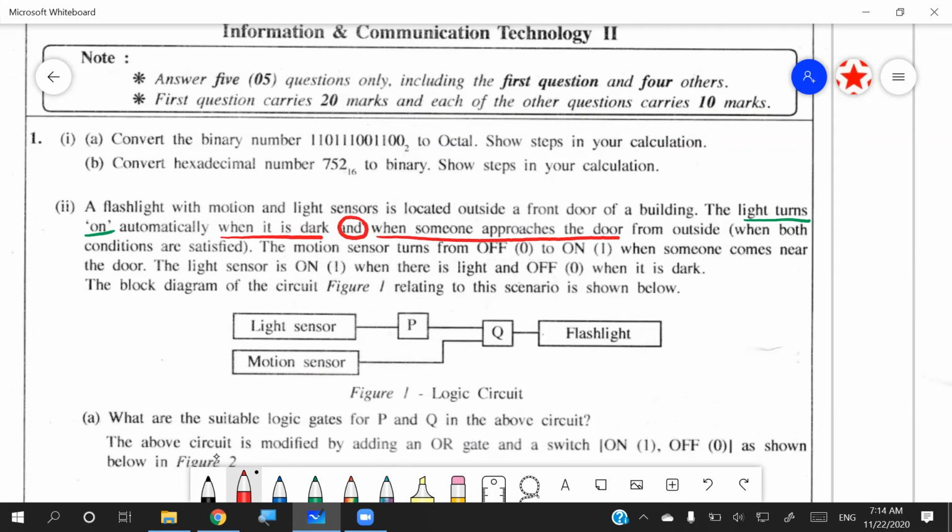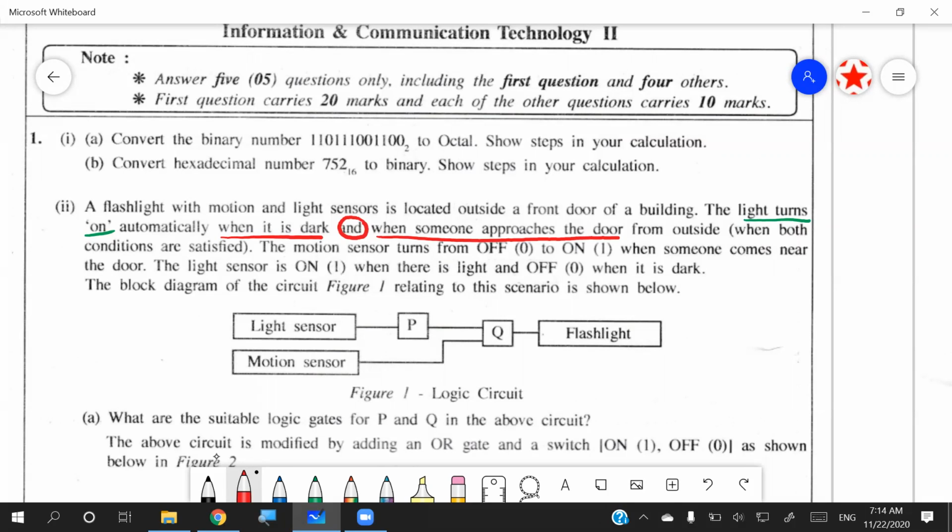It's described right over here. Yeah, this is regarding the motion sensor, and this is where it says about the light sensor. The light sensor is on when there is light and off when it is dark.